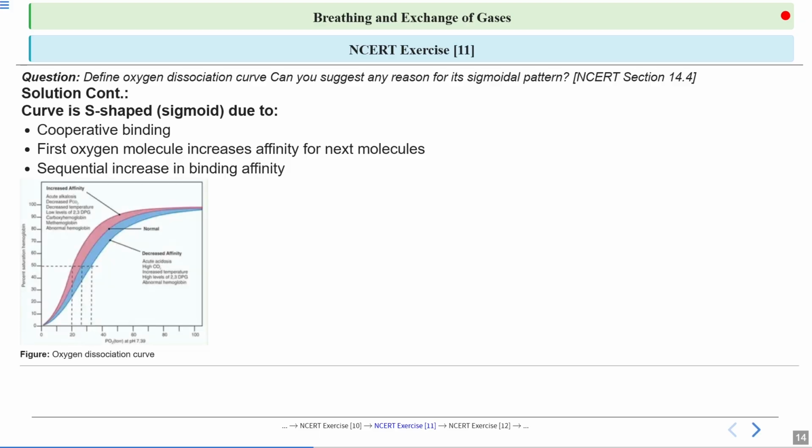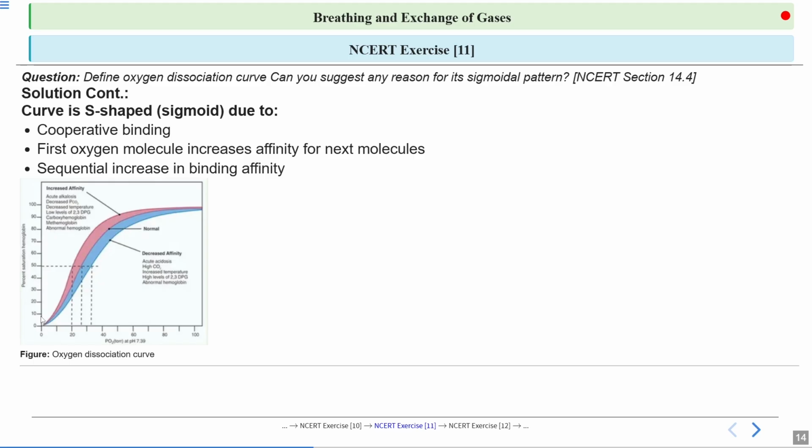So this curve is S-shaped, sigmoid, due to these reasons. You can see it is very slow at first, but then you can see the exponential growth of the curve. Why is it getting exponential growth? Because initially the combination is slow.